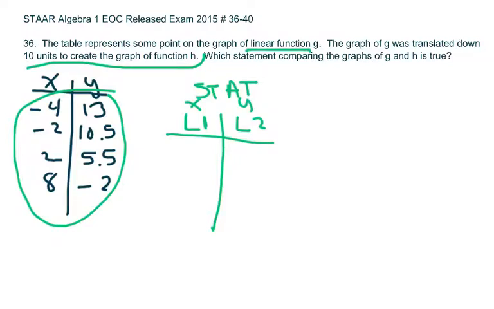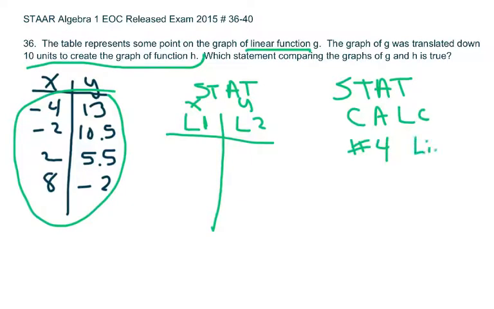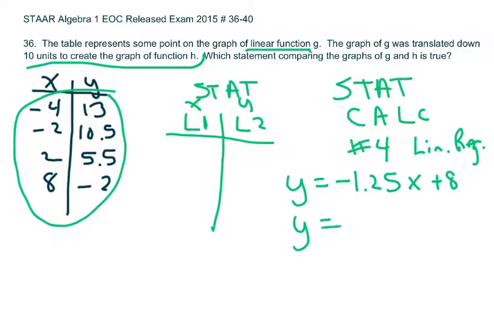Plug that in, and then once you get those in, you hit stat, calculate, then hit number 4, because that's your linear regression. And you will get y equals negative 1.25x plus 8, which is y equals negative 5/4x plus 8.